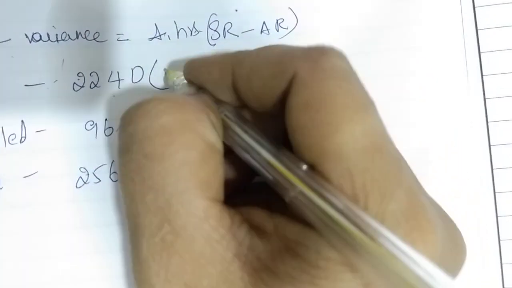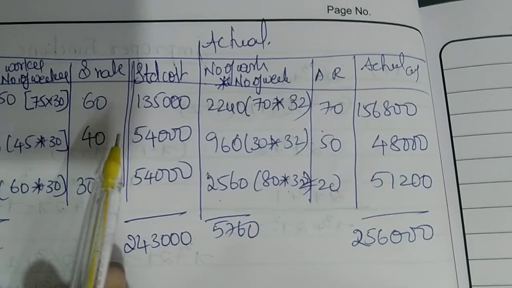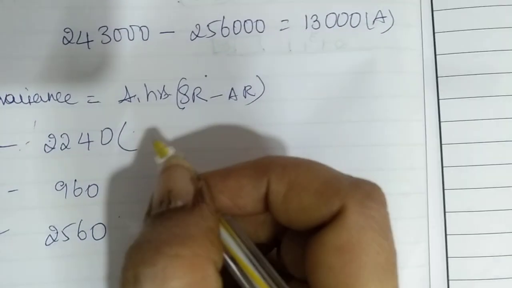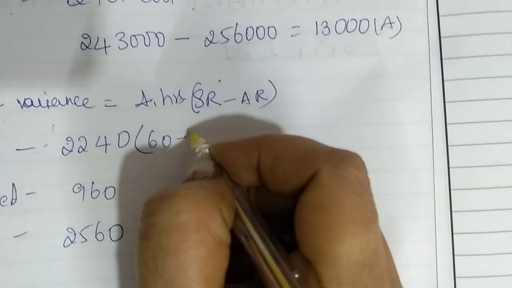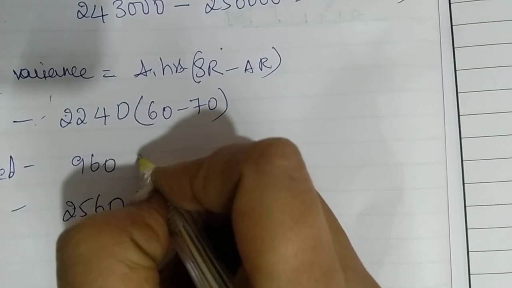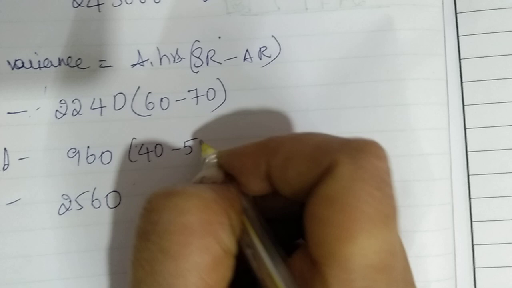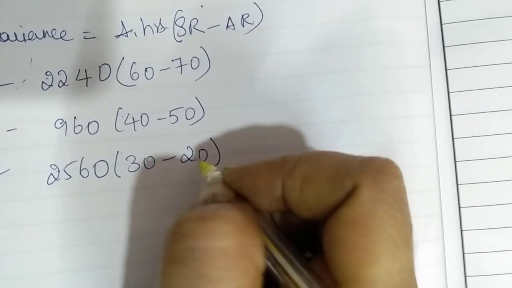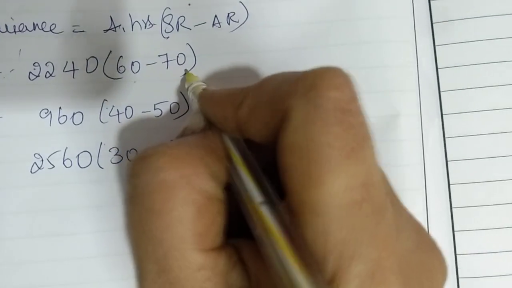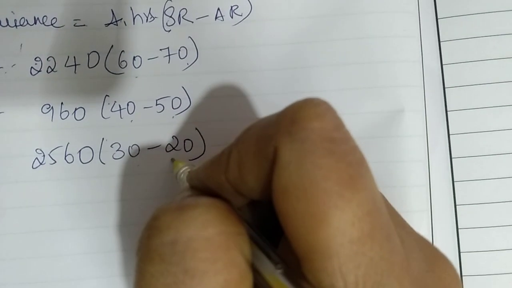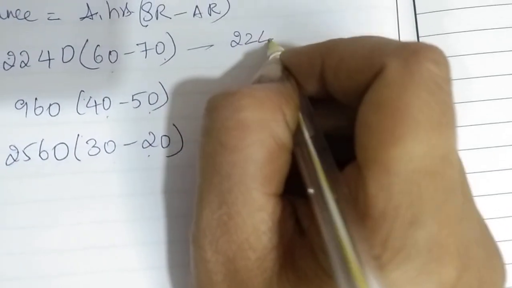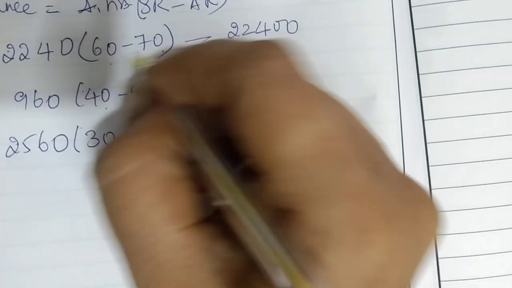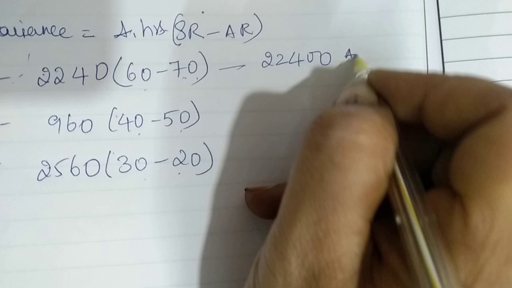Now I have to multiply with what? Standard rate. For the first one, standard rate is 60 and actual rate is 70. So that is what we are going to do here. So 60 minus 70. Then the second one, 40 minus 50, and the last one is 30 minus 20. So here it is a 10, here also a 10, and here also a 10. When I multiply here, I'm going to get 22,400, but it is a minus, so I'm going to get adverse.